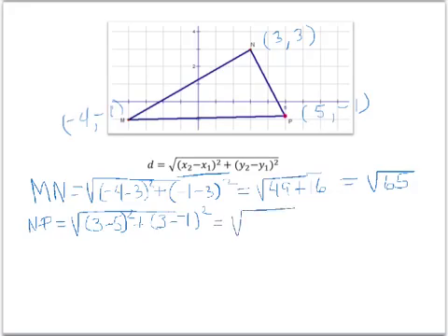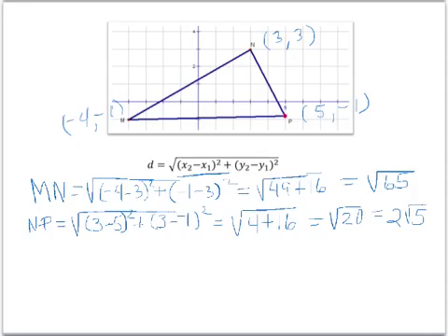This will yield 4 plus 16, which is square root of 20, and it simplifies to 2 radical 5. So far we can see that these two are not the same distance.